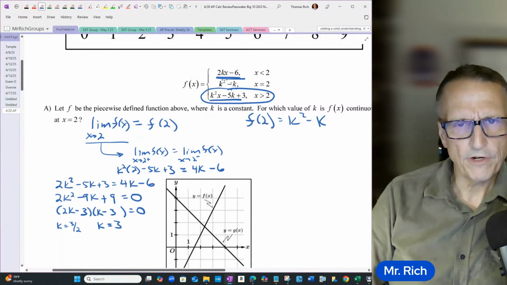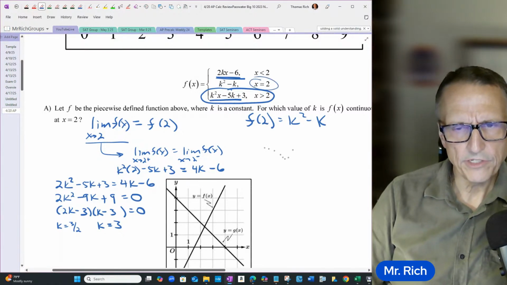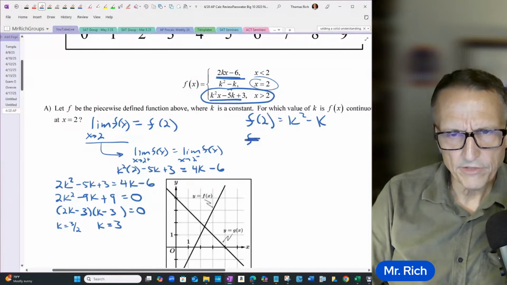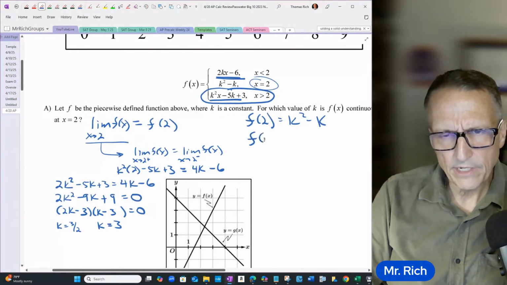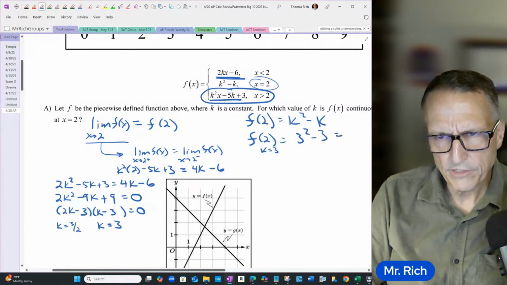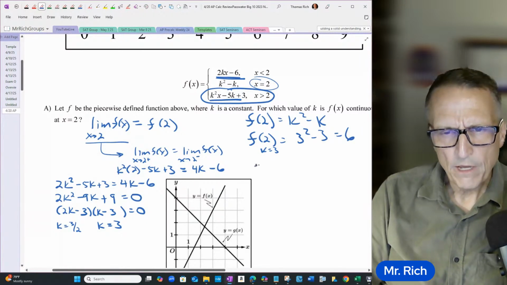So it's not even a function of x when x is 2. So let's try k is 3. If k is 3, f of 2 is going to give me 3 squared minus 3. That's going to give me 6.